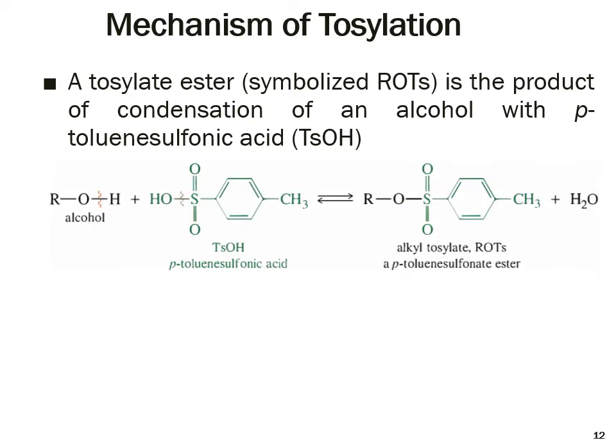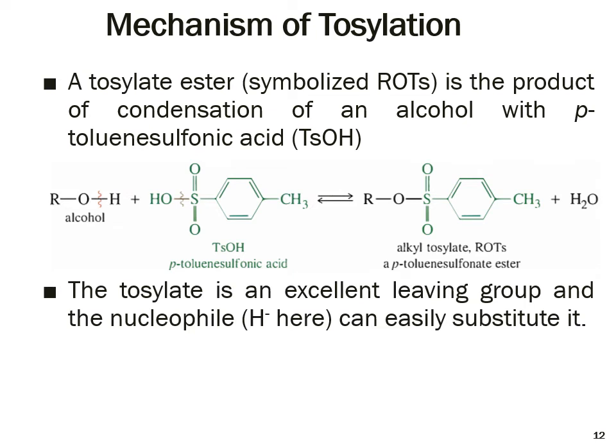So you look at this reaction, we have this alcohol which on reaction with para-toluene sulfonic acid combines to form this alkyl tosylate. So here this OH of the toluene sulfonic acid and the hydrogen of the alcohol combine to eliminate the water molecule from here and result in the formation of this alkyl tosylate.